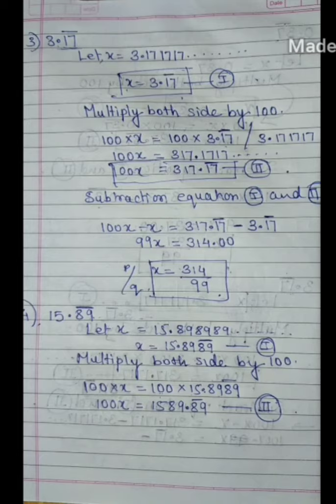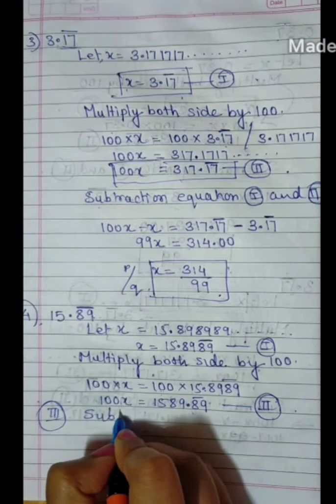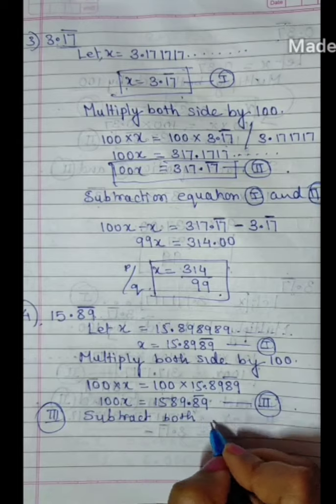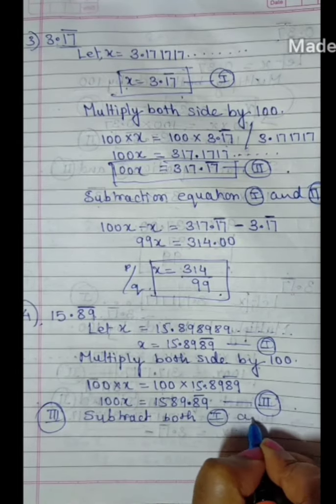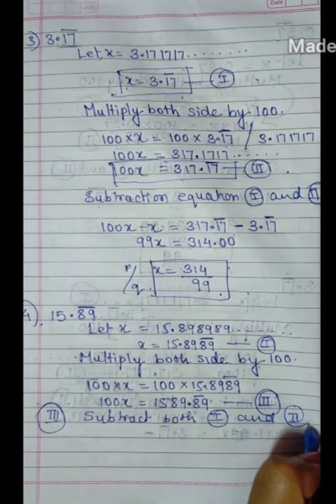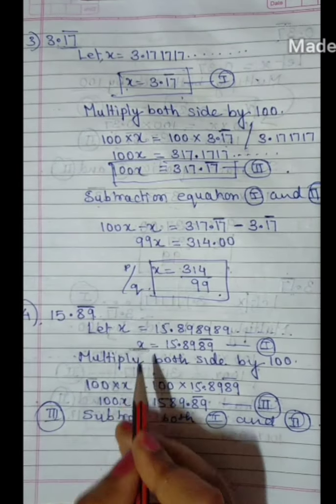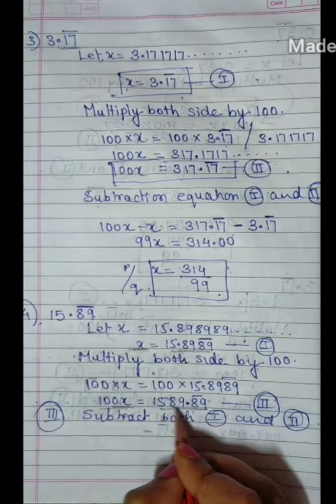Now the third step is to subtract equation 1 and equation 2. As you can see, this side we have to subtract with this and this side with this.